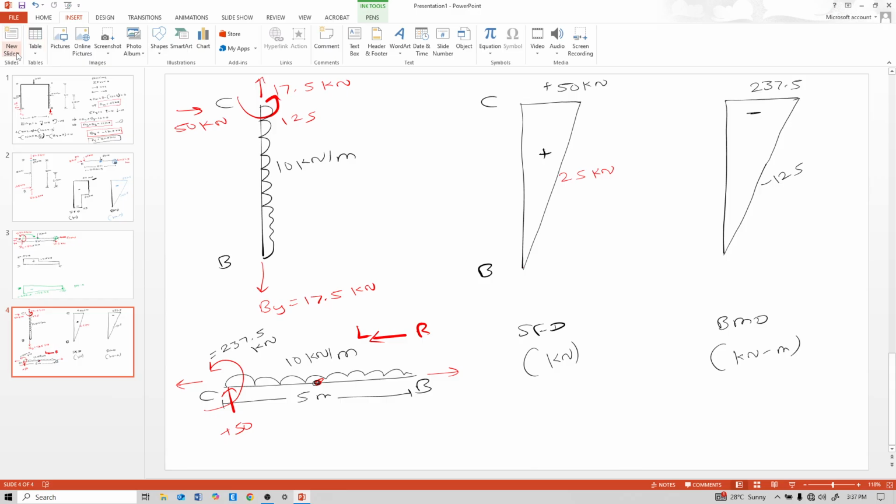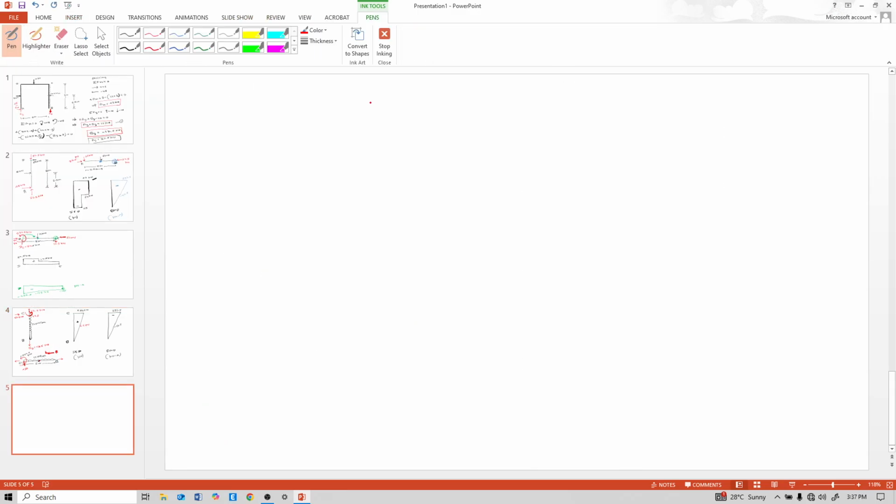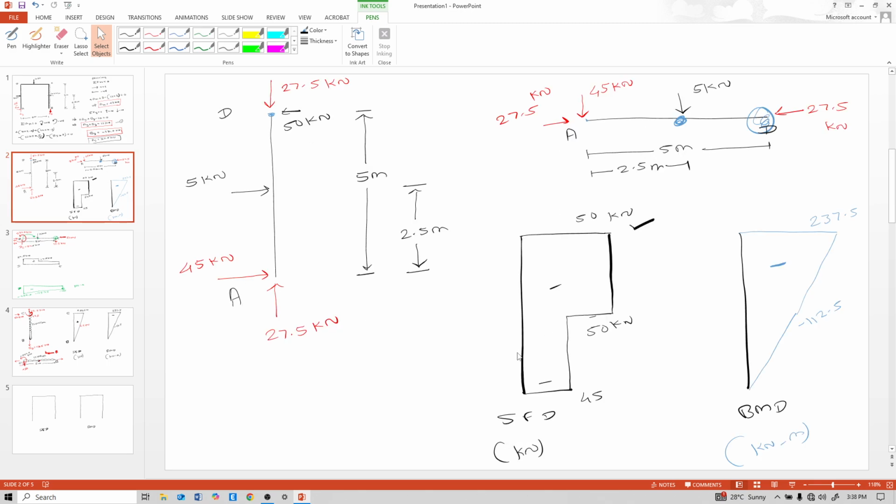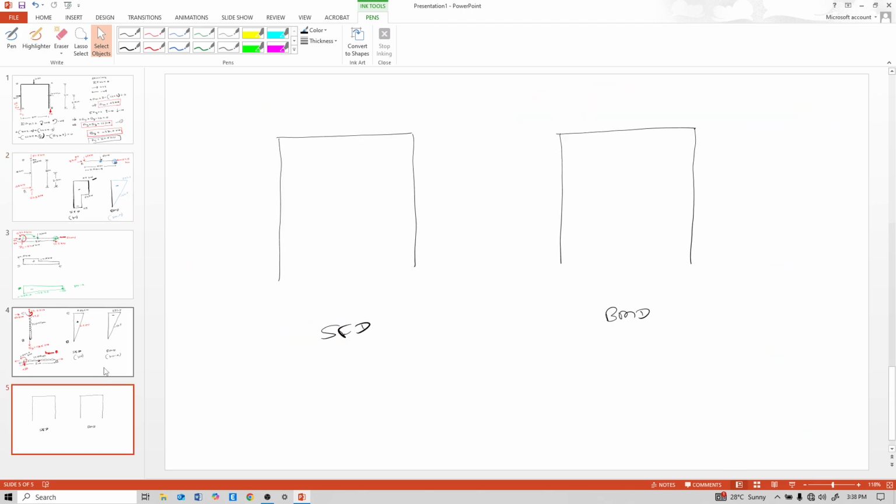Now draw shape. This is shear force diagram. And this is bending moment diagram. First is 45, 50 to 37.5. This is minus 45.